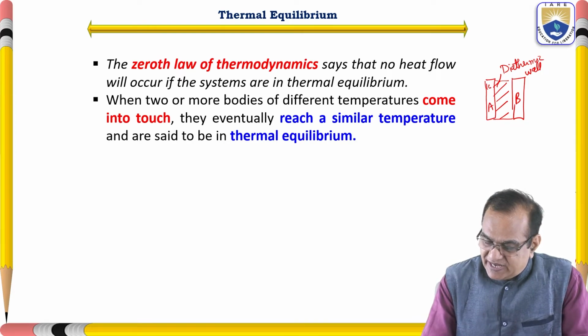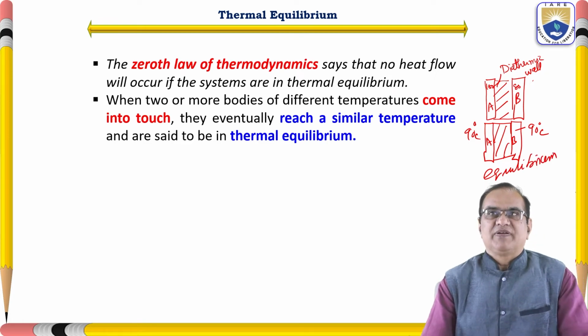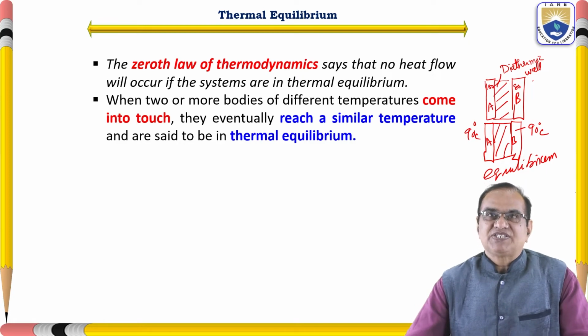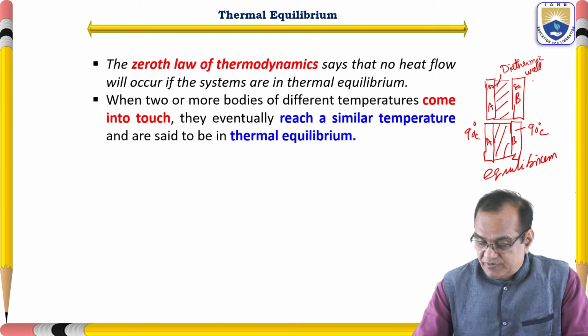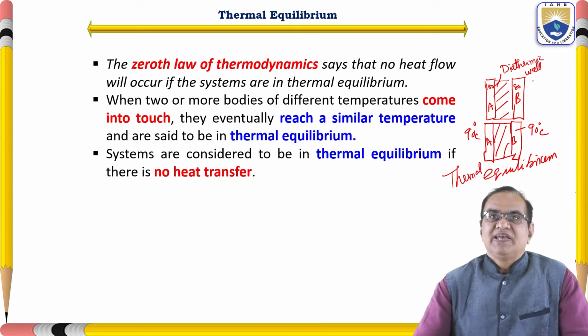So if one is at 100 and the other is at 80, after some time both bodies, this is B and this is A, will be at 90 degrees centigrade. So that is called the equilibrium. They reach a similar temperature and are said to be in thermal equilibrium.